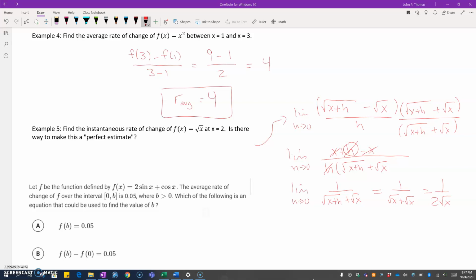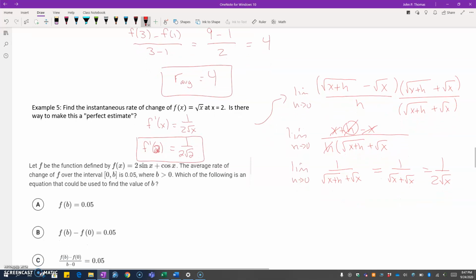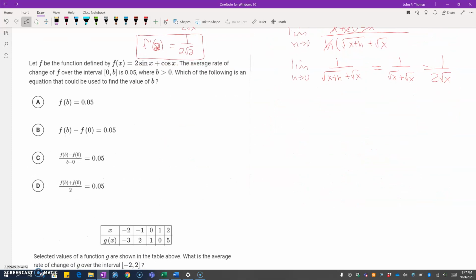So if in general the slope of the tangent line or the derivative is 1 over 2 root x, then specifically the derivative at x equals 2 is going to equal 1 over 2 root 2. You could rationalize that, but you really don't need to. So our instantaneous rate of change at x equals 2 in this function is 1 over 2 root 2. Now, they're going to ask you a multitude of types of questions relating to that, but that's really the meat of the section right there.